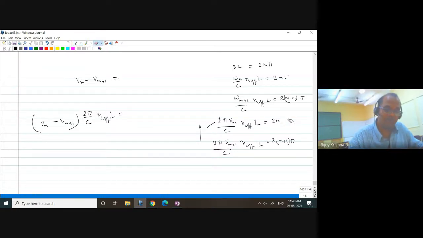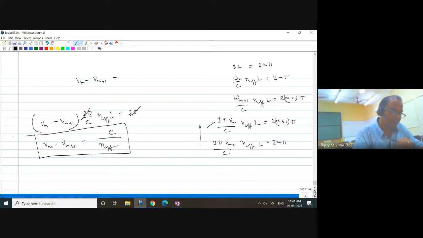That's wrong. We have to write 2m plus 1 pi here, and 2m pi there. I hope it is clear. So if we subtract, 2 pi cancels, and nu m minus nu m plus 1 equals c by n effective L. You understand?